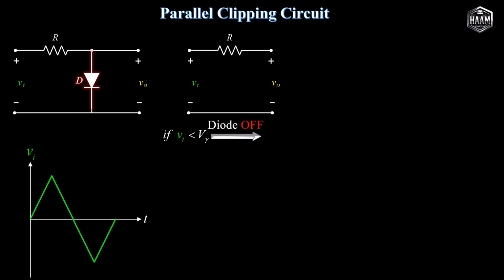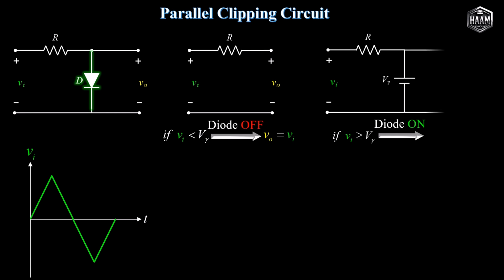Under this reverse biased condition, zero current flows through the loop, causing zero voltage drop across resistor R. Consequently, V sub O directly tracks V sub I. Conversely, when V sub I exceeds V sub gamma, the diode turns on and is modeled by a constant voltage source V sub gamma.